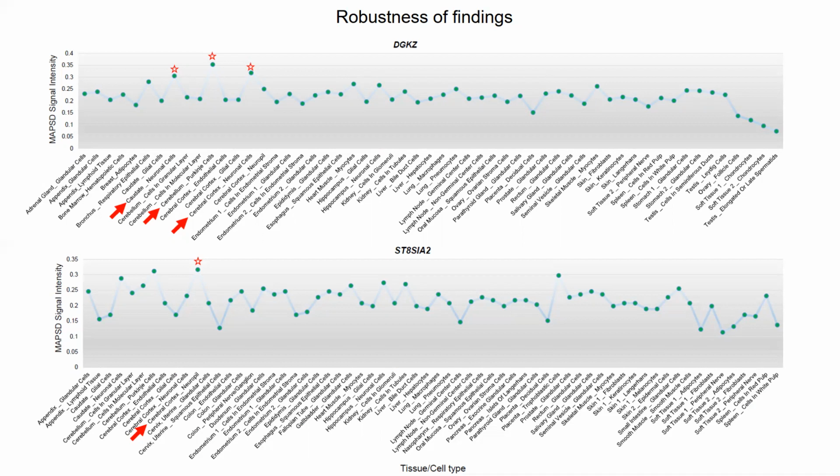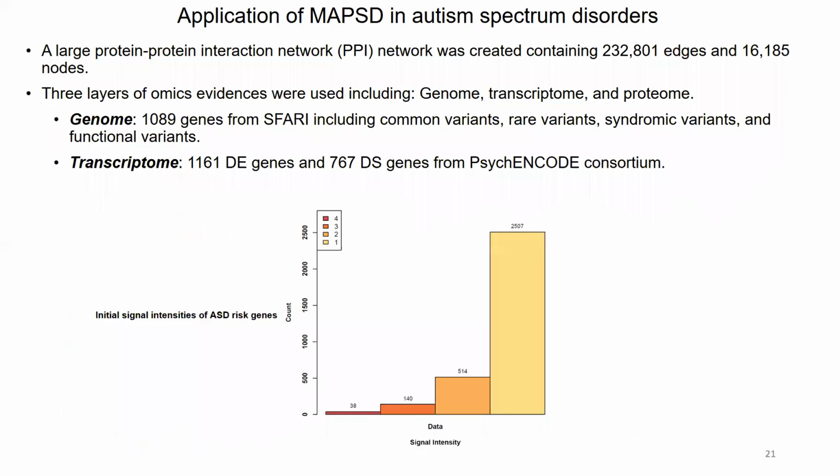In fact, MAPSC signal intensities for this gene are the highest in 3 regions, including neuronal cells in cerebral cortex, Purkinje cells in cerebellum, and neuronal cells in caudate. Another example is ST8SIA2, and there are multiple other examples that, if you're interested to know more, please feel free to check the paper and discover more about them.